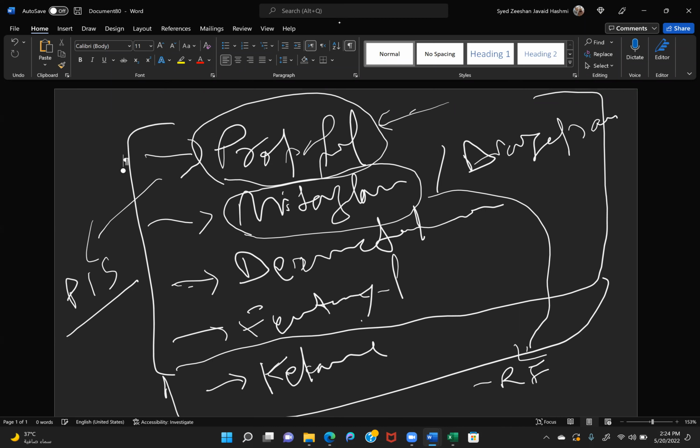Okay. So if you want to wean off the patient, it is better to stop midazolam and fentanyl and go towards propofol and dexmedetomidine, because this has the advantage that it does not cause respiratory depression. Okay.